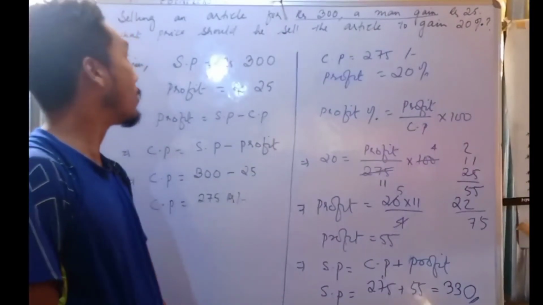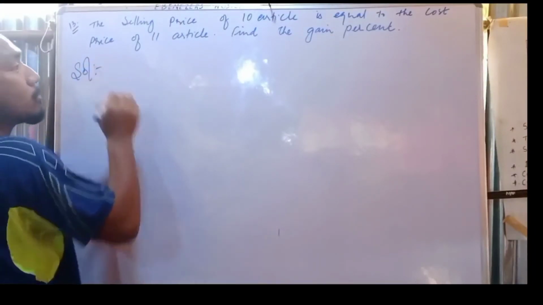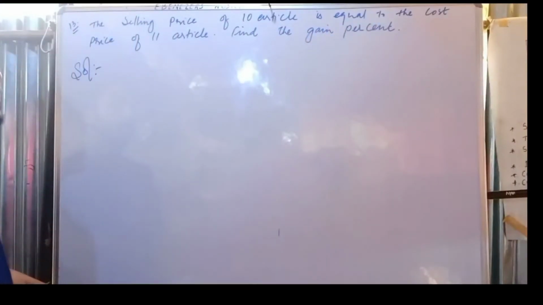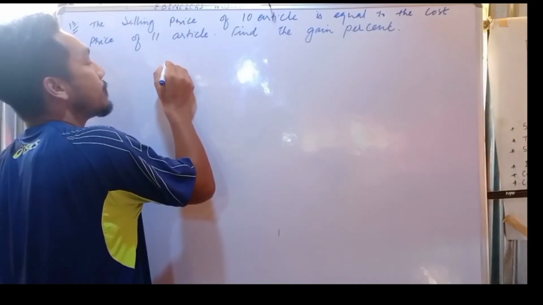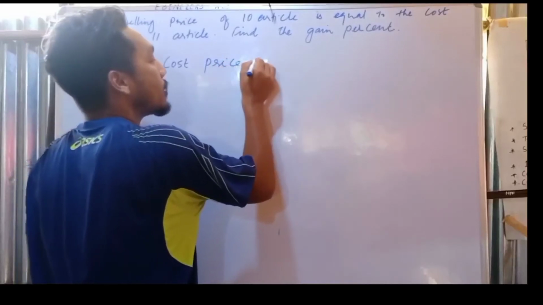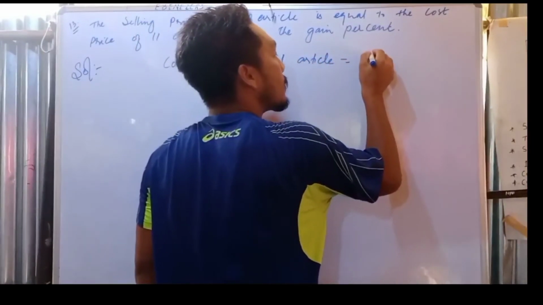So this is our question number 10. Our next question is question number 13. The selling price of 10 articles is equal to the cost price of 11 articles. Let's consider the cost price of one article to be rupees 1.